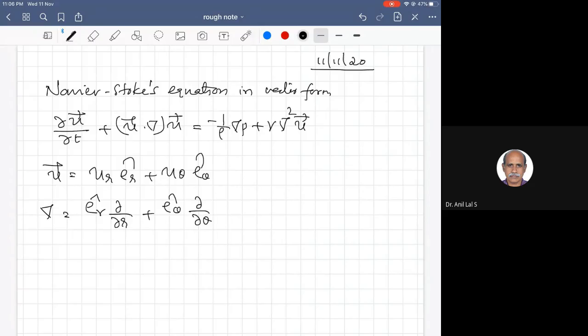This is called a coordinate free form, which can be expanded for any coordinate system.